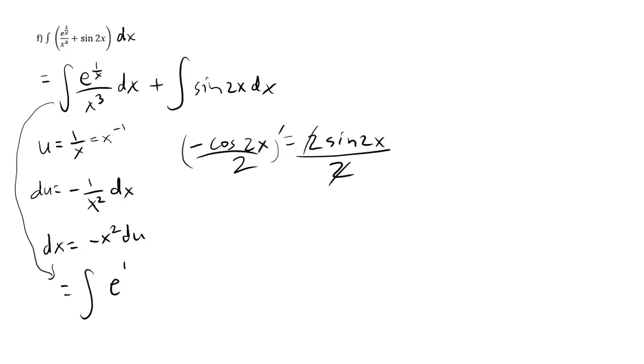Integral of e to the 1 over x. Well, e to the u. We did this hard work just so that I can rewrite e to the 1 over x as e to the u. So that's what we have. Let me erase this and write it again.